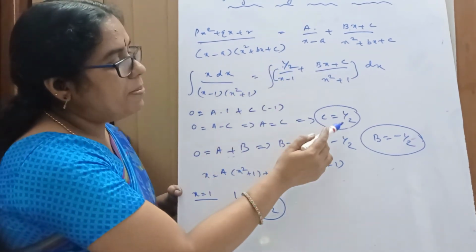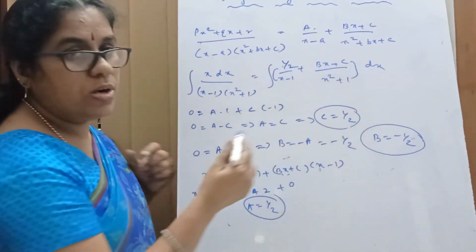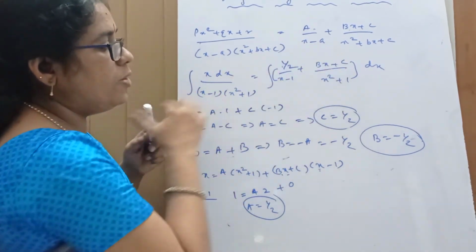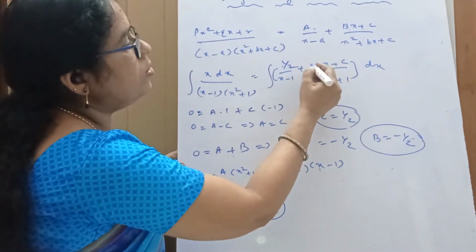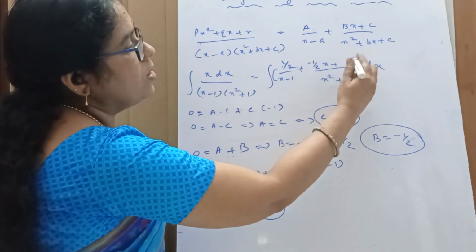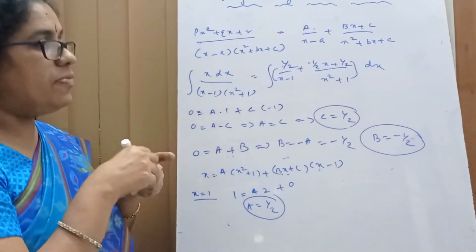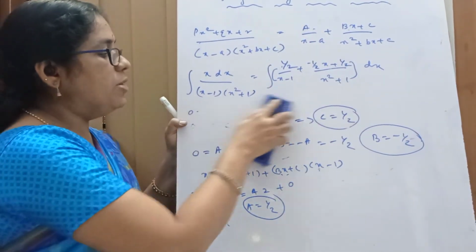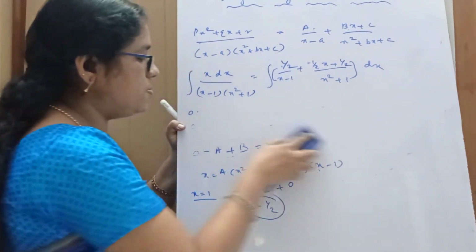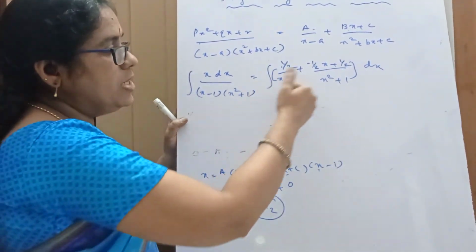So we got three constants: a is half, b is minus half, and c is half. In this step we substitute them here. Then what is the next step? You want to integrate the function, that is split it and integrate each integral.